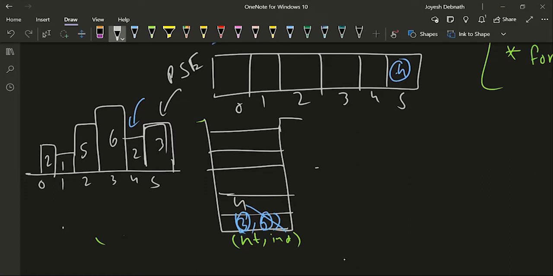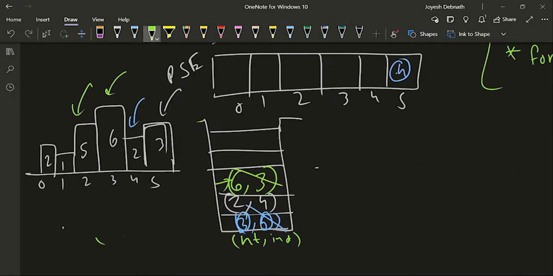Now we can enter the element which is height 2 index 4 in the stack. Now move on to the next block, which is 6. Now 6 is greater in height than the existing element in the stack, so we can enter 6 comma the index 3. Now as we move on to the 5, then we can see that the 5 height is lesser than the stack top height, which is 6.